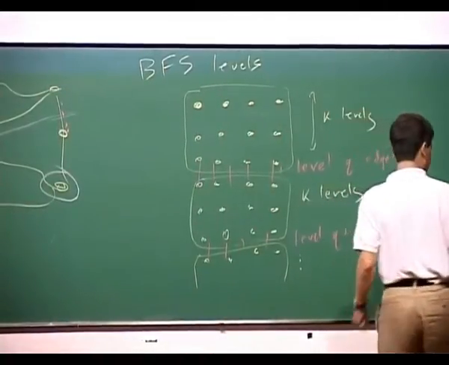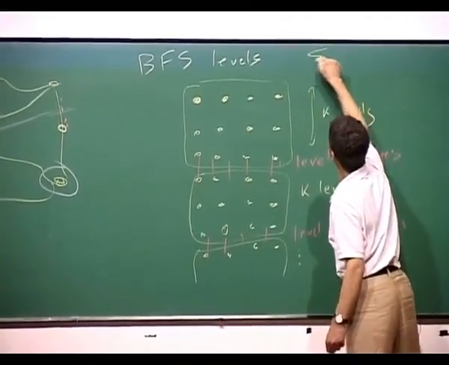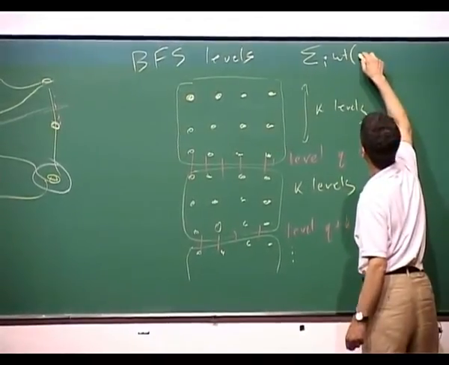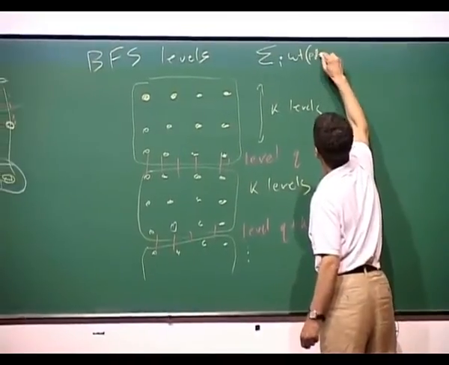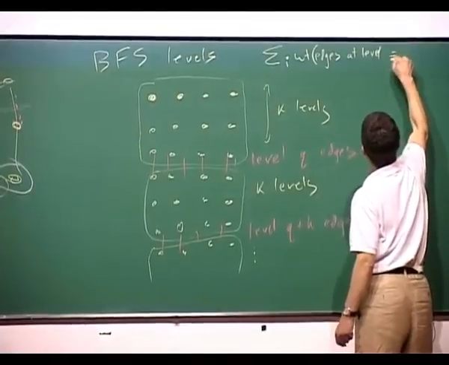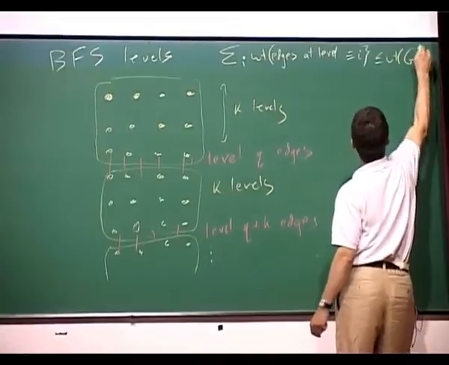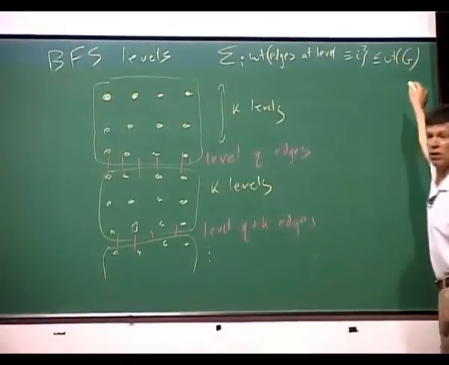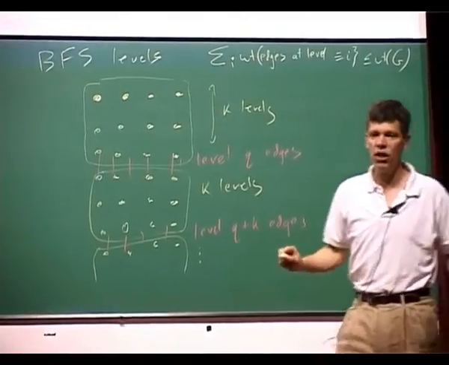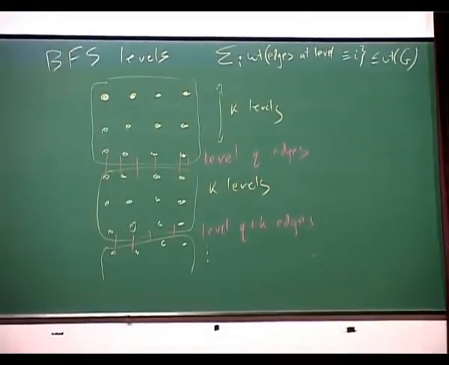So how does this go? You say the sum over i of the weight of edges at level congruent to i is less than or equal to the weight of all of G, not opt, the graph itself. Now, admittedly, some of the edges of G won't be counted at all there, but we can't really make use of that fact.